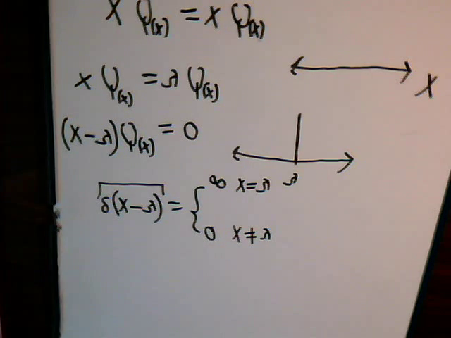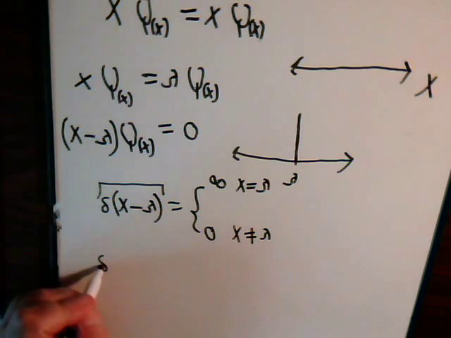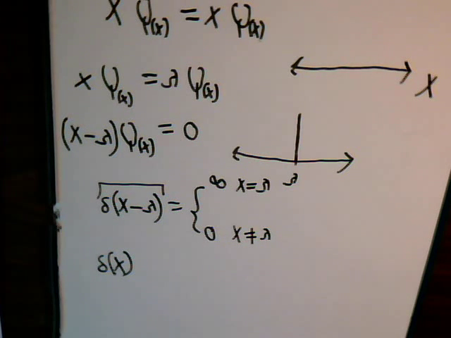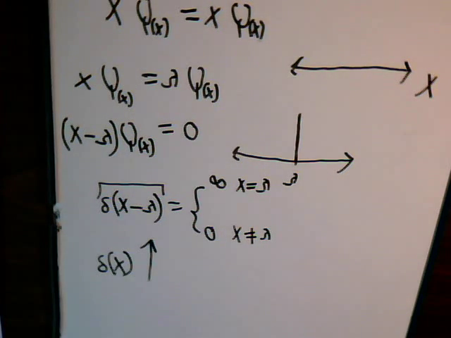The way Dirac defined it is that, if we just had this, that would be 0 everywhere except for the origin when x equals 0, where we would get this spike. But if you try to integrate such a function, what do you get?